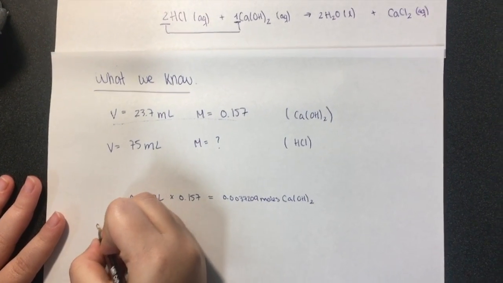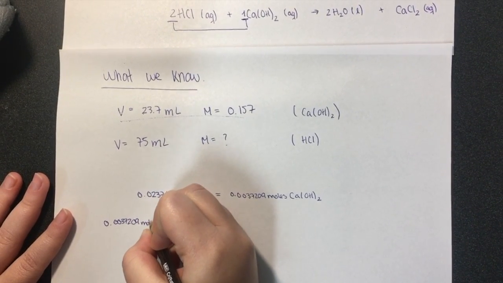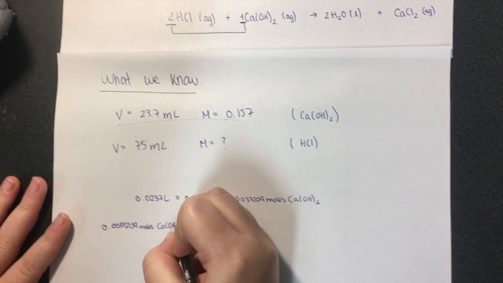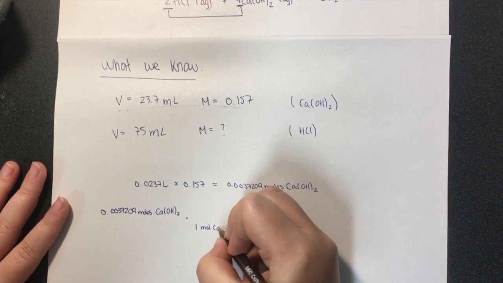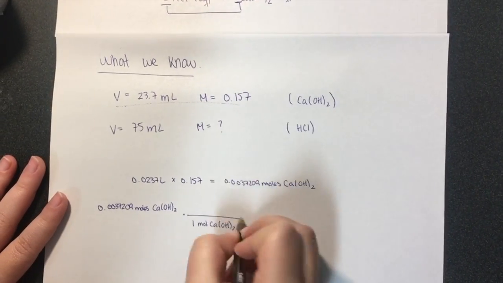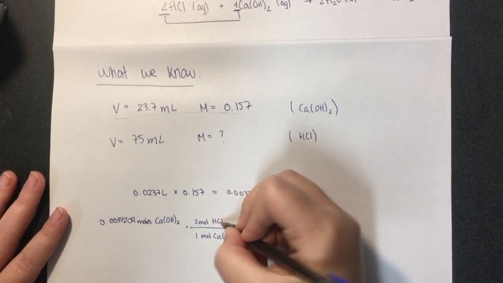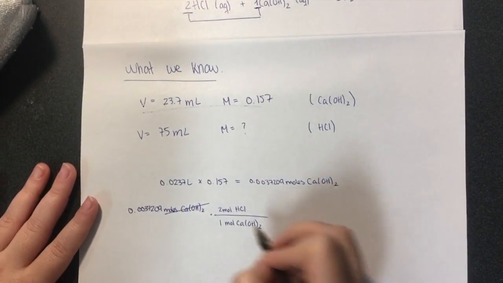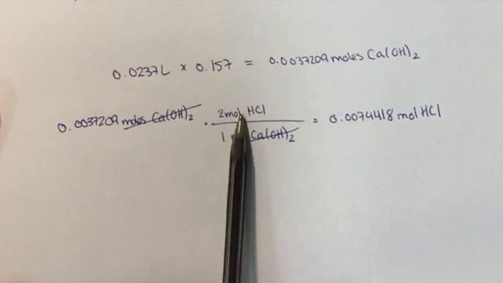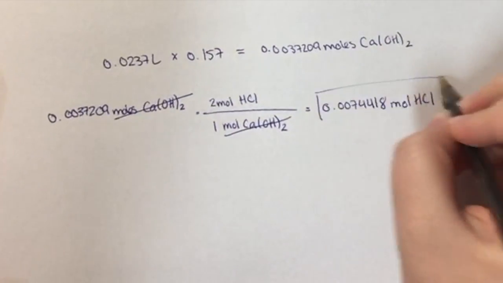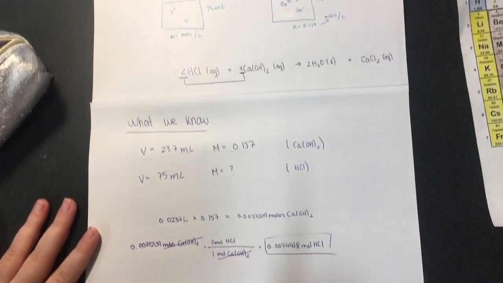We set up our equation: 0.003729 moles of calcium hydroxide times 2 moles of hydrochloric acid for every 1 mole of calcium hydroxide. So moles of calcium hydroxide cancel out. Using our calculator, we multiply these 2 numbers together and find that we have these many moles of hydrochloric acid in our original 75 milliliter solution.